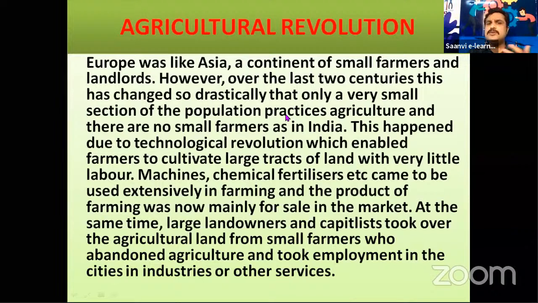Suppose you see the chemical fertilizers available in the market, the variety of inputs, seeds, cost of seeds, irrigation facilities. Many problems they are facing nowadays. So here also farmers sell their land to the landlords or rich persons who live in the villages or surrounding areas. The same here also in Europe.